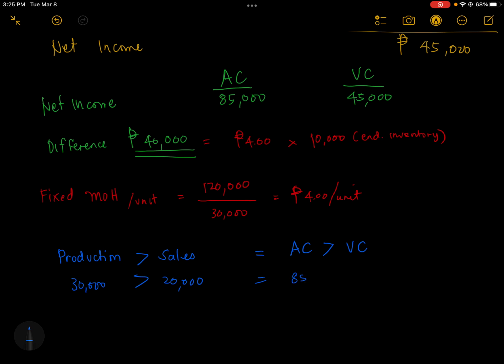Net income under absorption costing is greater than the net income under variable costing. Again, the difference is associated with the presence of the fixed manufacturing overhead per unit of 4 pesos multiplied by the ending inventory of 10,000 units.